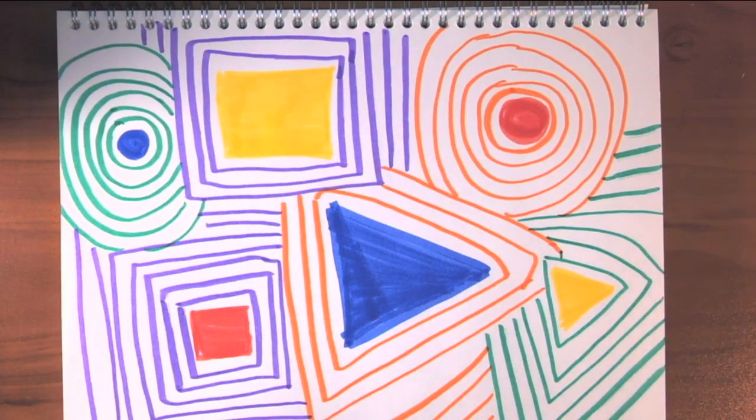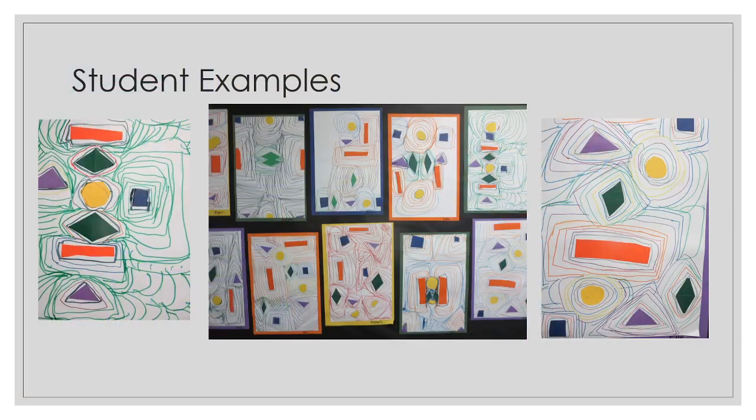I'm going to show you some of my other student examples, and then I will let you get started. So here are some other examples that kindergartners have done. If you would like to cut out some shapes with construction paper, you can. But since I don't know if everyone has any, it's okay if you don't.